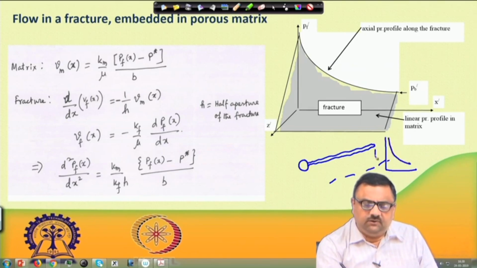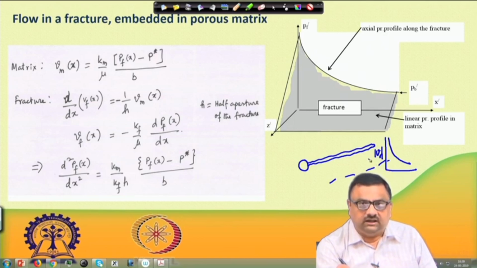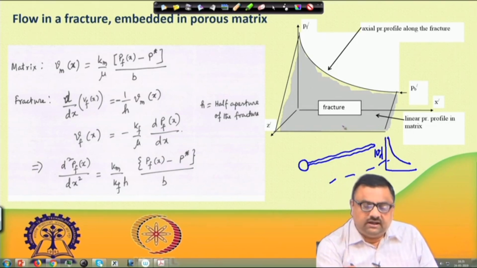If we plot mod of V_R, it increases very rapidly as R decreases. So near the well the radial velocity has to be very high, whether you are injecting or producing, which is why I am writing mod of V_R. Because of this high velocity, it is better to have more area for collection of the fluid, because you are collecting fluid from all over the reservoir through a small place.